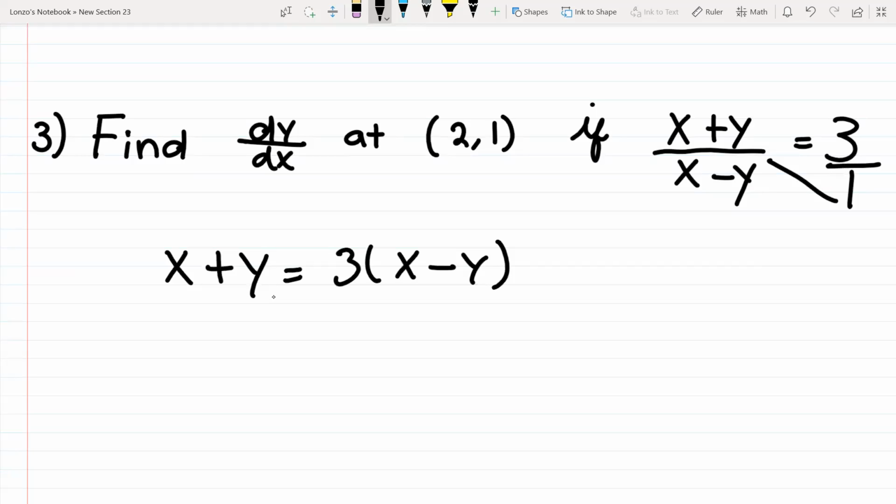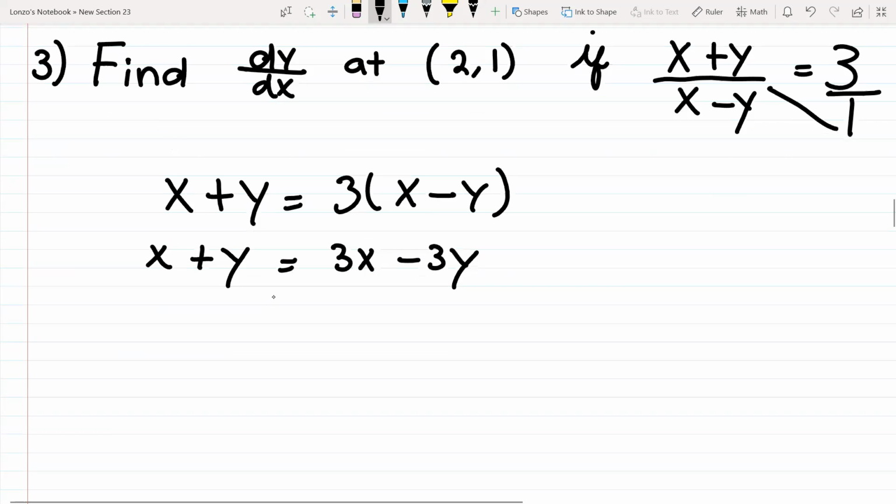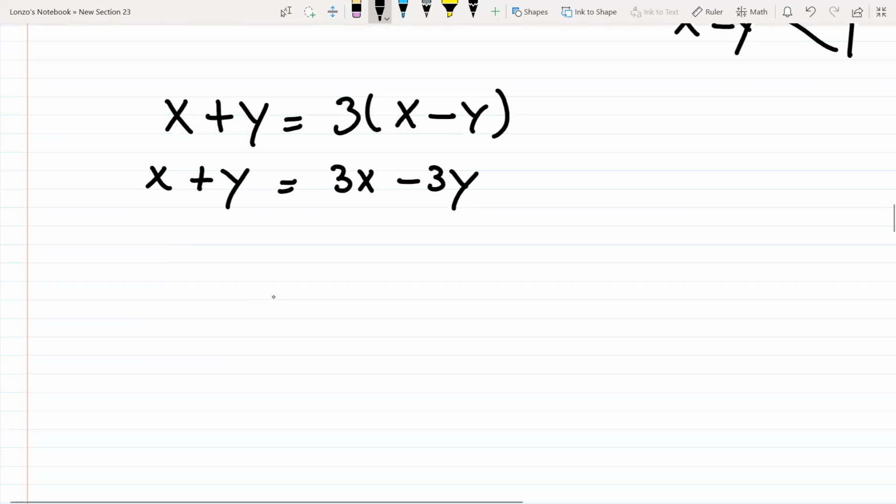And then from here, I would FOIL off this 3. So this is 3x minus 3y. And then over here, this is x plus y. Wait, no. Then what I would do is get all the x's, I would try to get y by itself. So I'm going to subtract 1x from both sides.